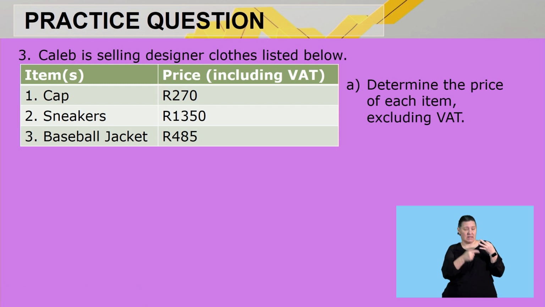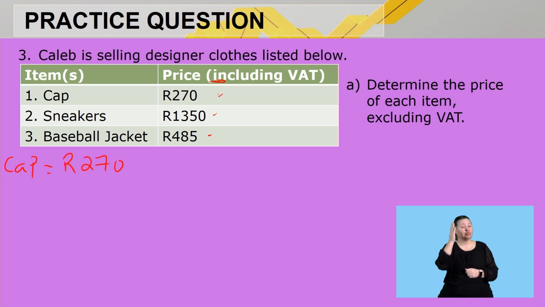Now we have 3 items. The first one is a cap, which costs 270, and it includes VAT, meaning for all these items VAT has already been included. A: determine the price of each item excluding VAT. For the first item, a cap, it costs 270, and the question says excluding VAT.